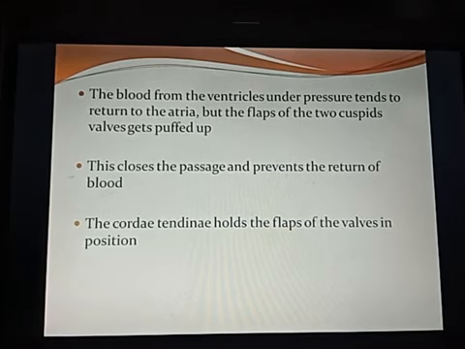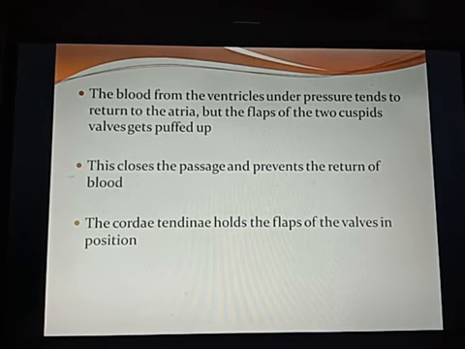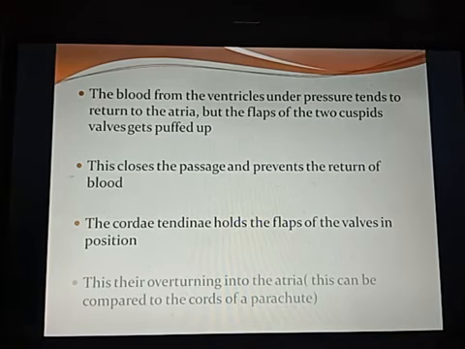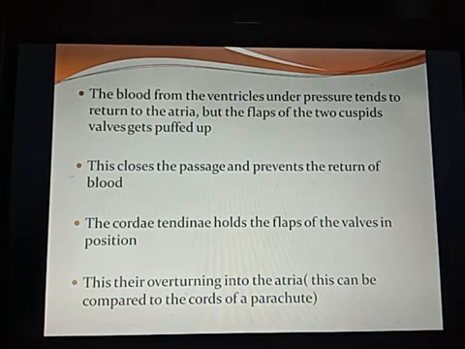The chordae tendineae, I have told you, hold the flaps of the valves in position. They will hold the flaps in position and will not allow them to turn back. The chordae tendineae can also be compared to the ropes or threads of a parachute, as these threads prevent it from turning over when the air gets filled into the parachute and it becomes swelled up, puffed up.